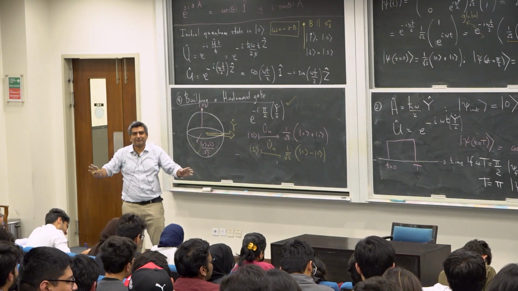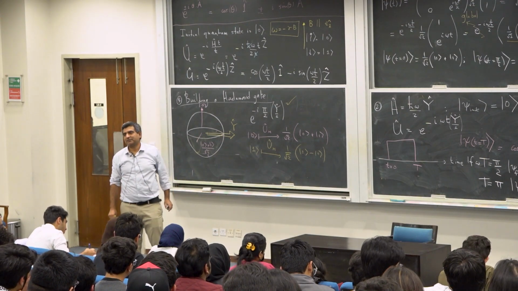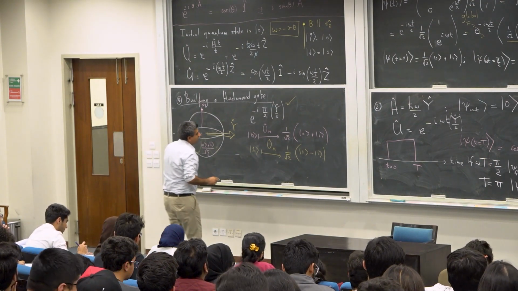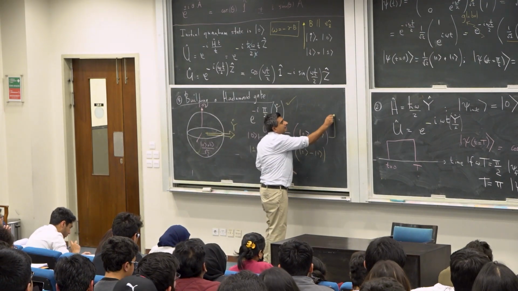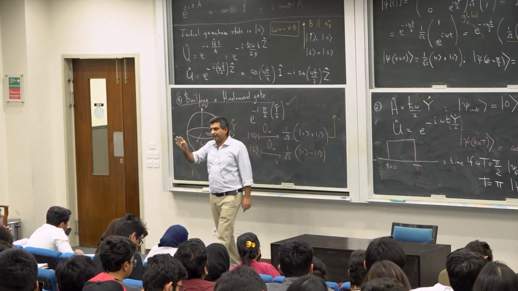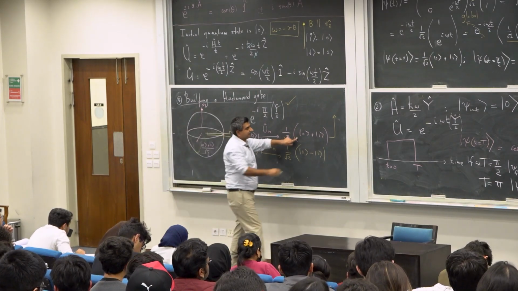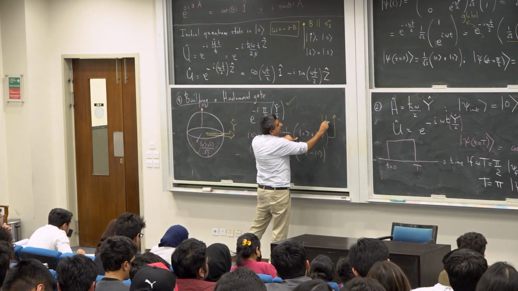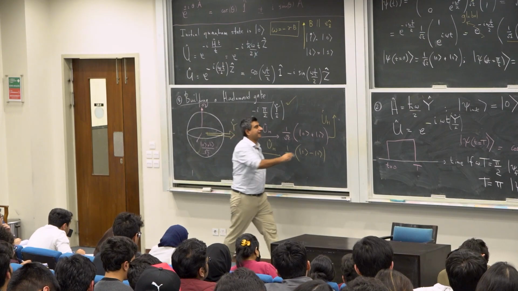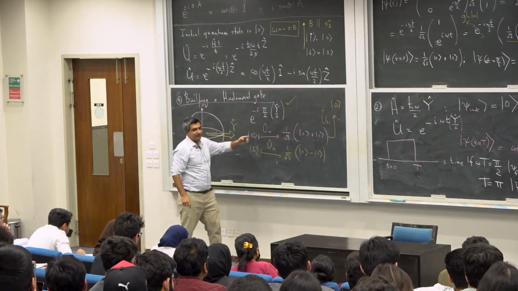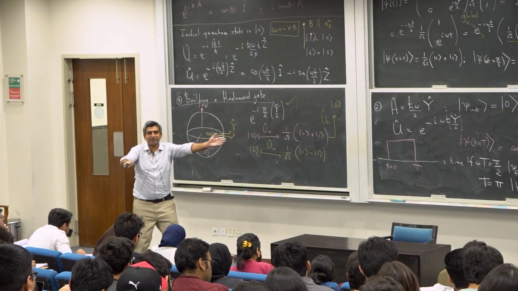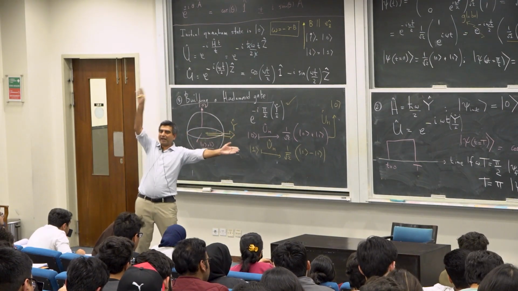Perfectly fine, but there is a problem. What if I apply a Hadamard gate on this state? Ideally, if I were to apply a Hadamard gate on this state, what should I get? I should get ket 0. But if I start off with this state and apply a 90-degree rotation about the y-axis, do I go back?